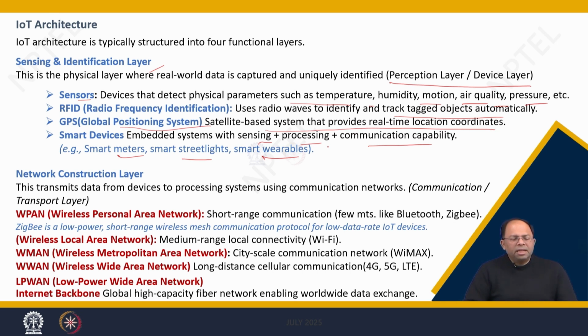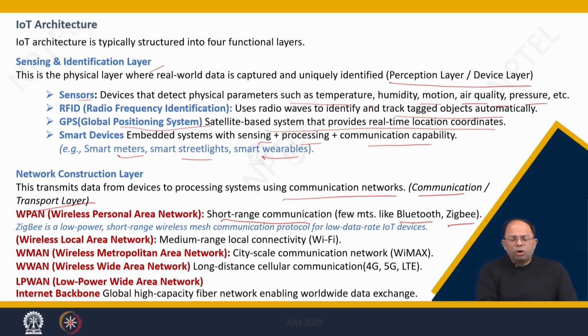The next layer is the network construction layer. We have already done a little bit about this. It transmits data from devices to processing systems using communication networks, so we call this a communication or transport layer. So what kind of communications? The first one is WPAN, wireless personal area network. It usually refers to short range communication involving Bluetooth and Zigbee.